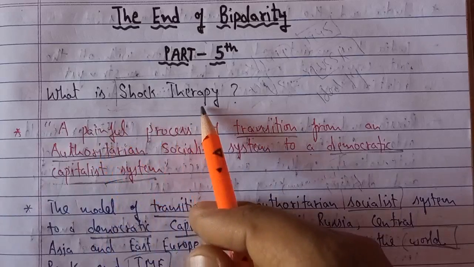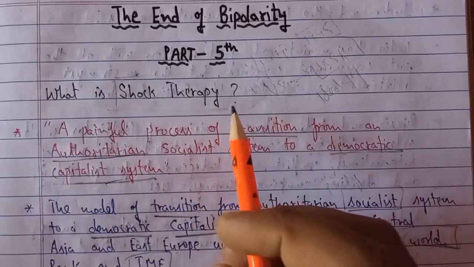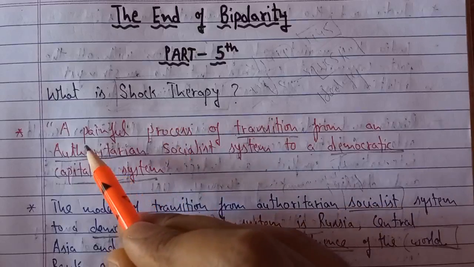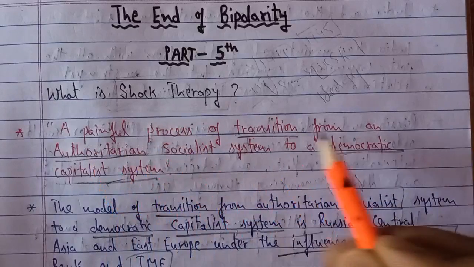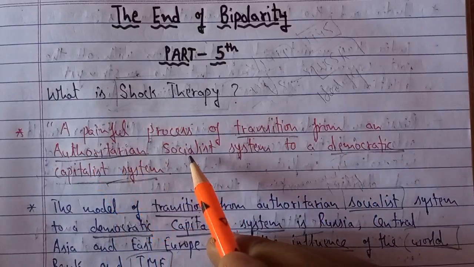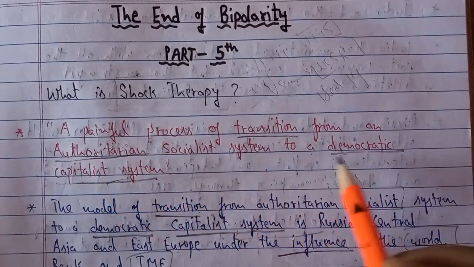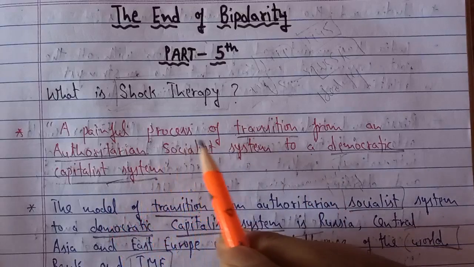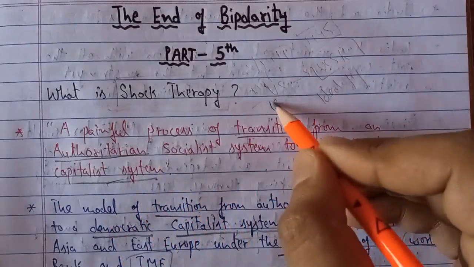What is shock therapy? Okay, so we are starting with the definition. What do we mean by shock therapy? It's written here: a painful process of transition from an authoritarian socialist system to a democratic capitalist system. It means it is a process after the disintegration of USSR, that is after 1991.